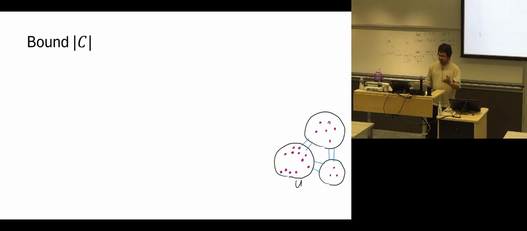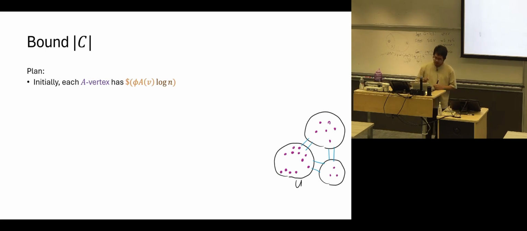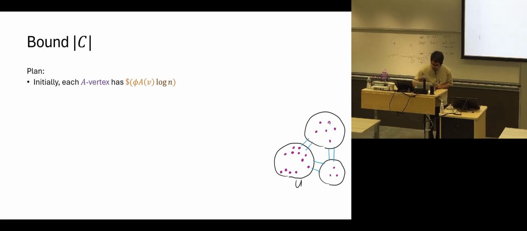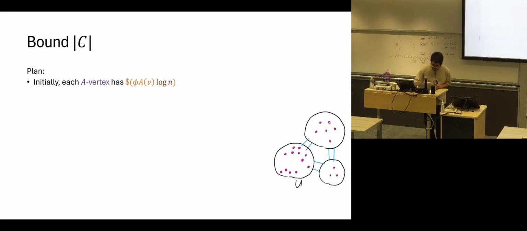All right, so let's try to bound the size of C. Our plan is going to be some kind of amortized analysis. We will start by saying that for every vertex that has some node weighting A, I'm going to give this much money to that node.